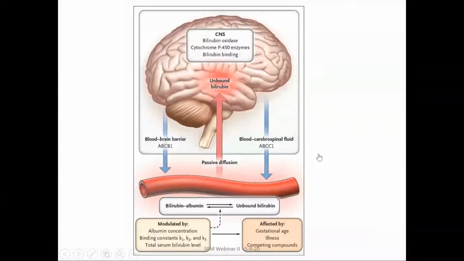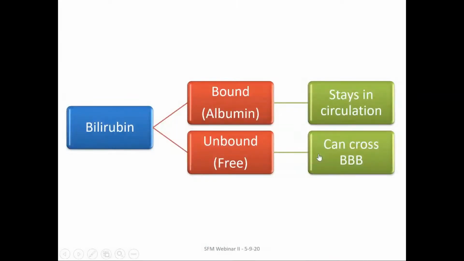Now, the reason they say that BIND is reversible is because the hemodynamics and the pathophysiology of how bilirubin leads on to kernicterus has turned out to be a far more complex phenomenon than what was thought in olden times. To understand this, we need to understand the pathophysiology a little bit. To make it very simple, bilirubin in the fetus, or in any human being for that matter, exists in two forms: the bound form and the unbound, or free, form.